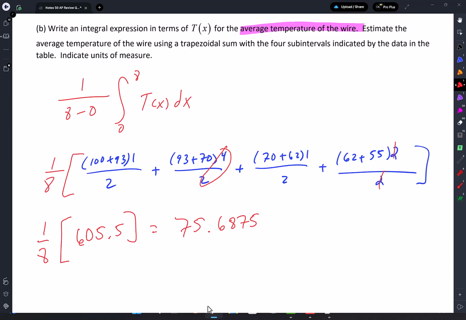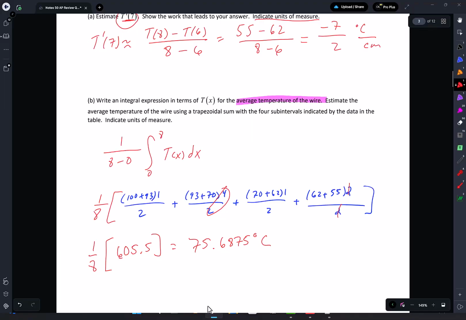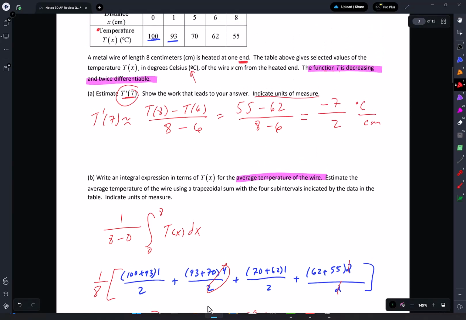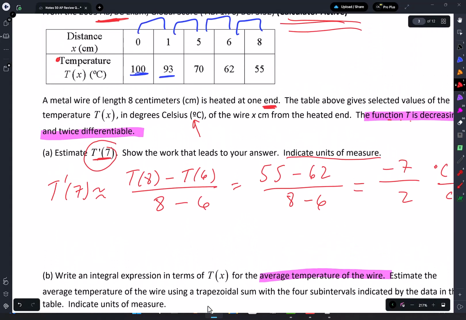This is an average temperature, in degrees Celsius. Remember what we're doing, guys, and let me give you some hints. When you're working on this question and you're going super fast, if you get an answer like 50, could that be an answer? No, guys, look, the hottest this is 100.